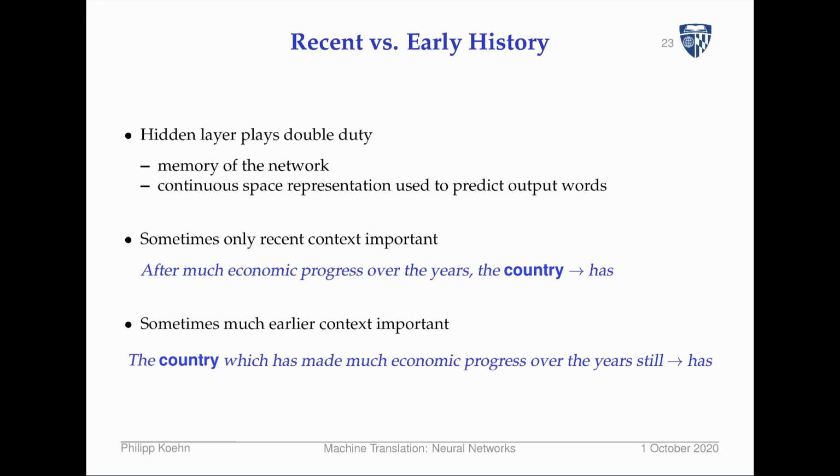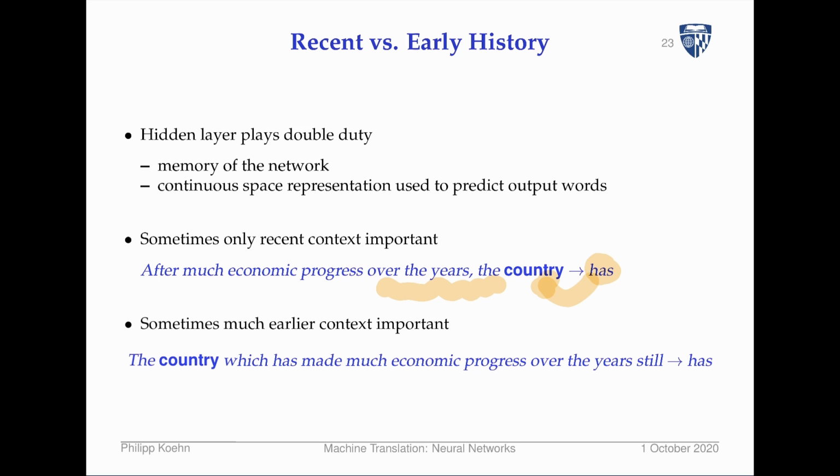So after much economic progress over the years, the country has. To predict the word has, you really just need country for that. Has is a word that can follow country. It doesn't really matter what all these other words are. They're not going to have much influence on the decision. If there were different words, you would still probably have the same probability to make the decision that the word has follows.